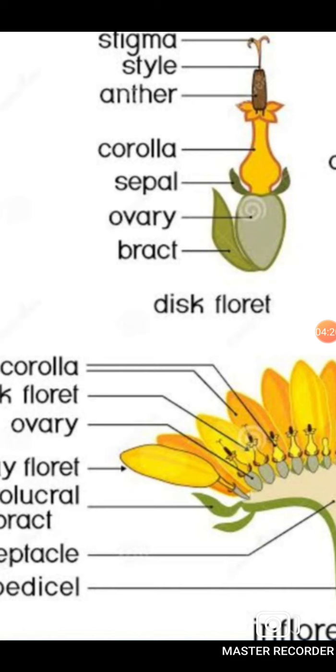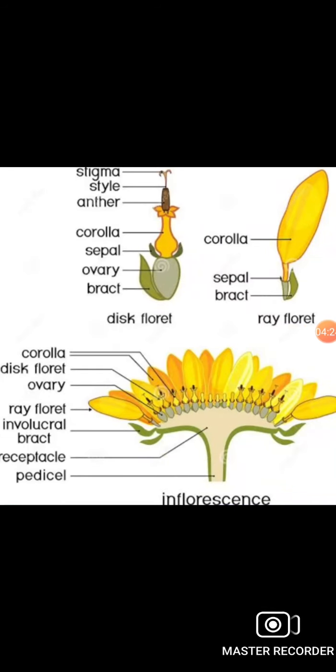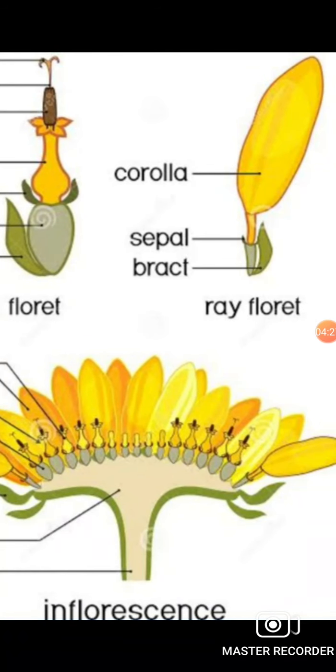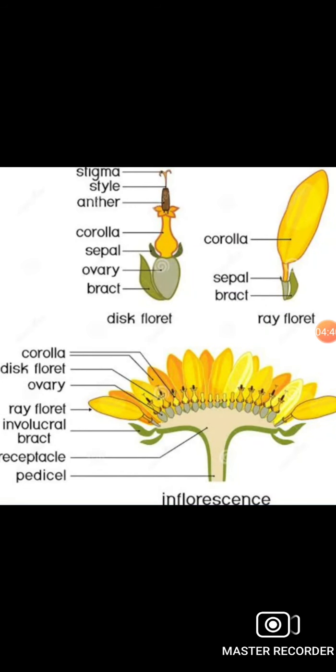That is, it is a complete and bisexual flower. But the ray floret is having calyx and corolla, but it is without androecium and without gynoecium. So it is called as a neuter flower without any of the reproductive whorls.